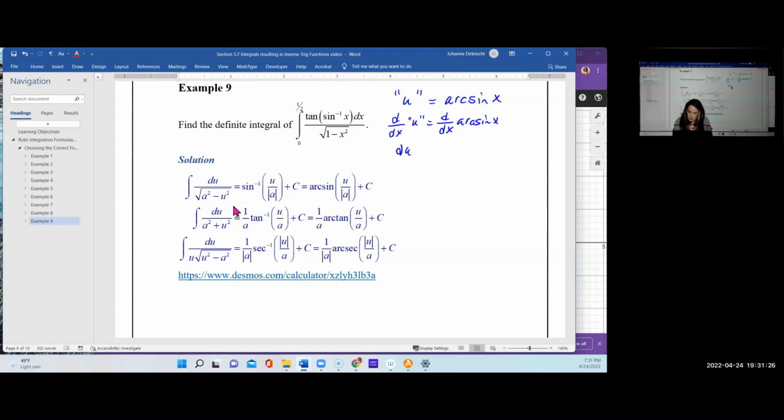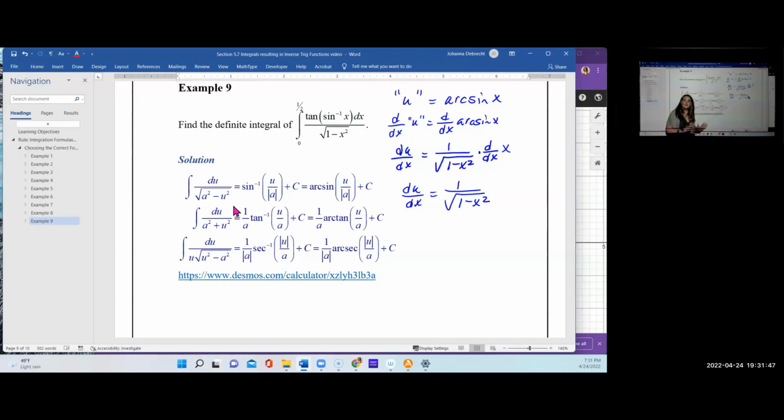We know then that du dx is equal to 1 over the square root of 1 minus x squared times the derivative with respect to x of x, which is 1. So du over dx is equal to 1 over the radical 1 minus x squared.